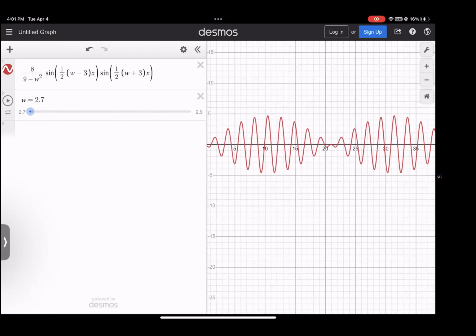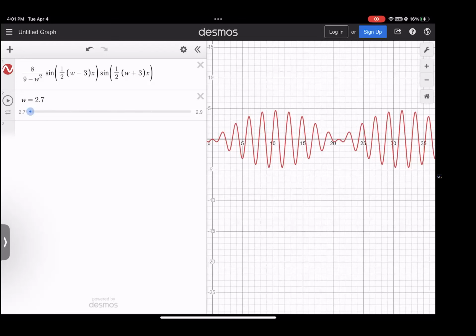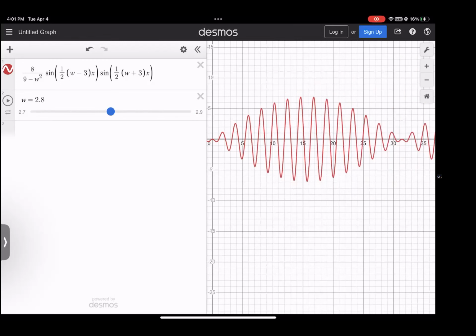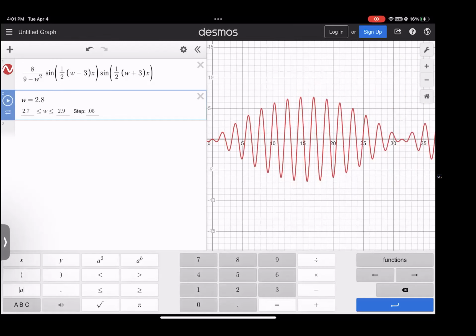And I've got omega set at 2.7 as a minimum here, just so we can see what happens as we approach 3. Look at where that first period ends. It's at 20 seconds roughly. As I increase it just a little bit, if I go to 2.8, that period ends at, you know, like 32.